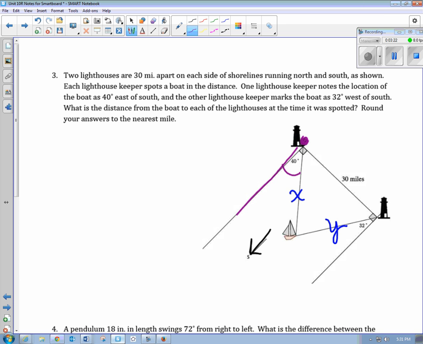And the other lighthouse keeper here knows that this is south and the boat is seen 32 degrees to the west of south. So on our little compass here, we might want to write in the directionals. That may help some of you. In any case, those are the angles. They did give them to us, so we didn't have a lot to do in this question.